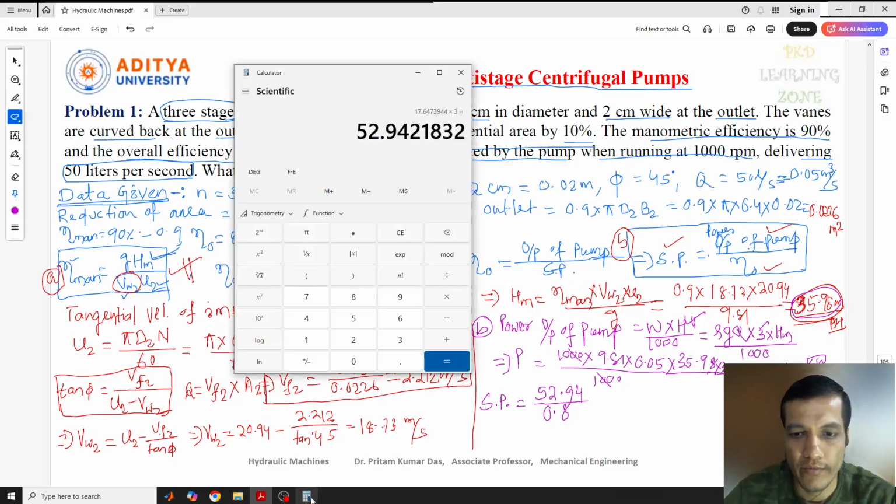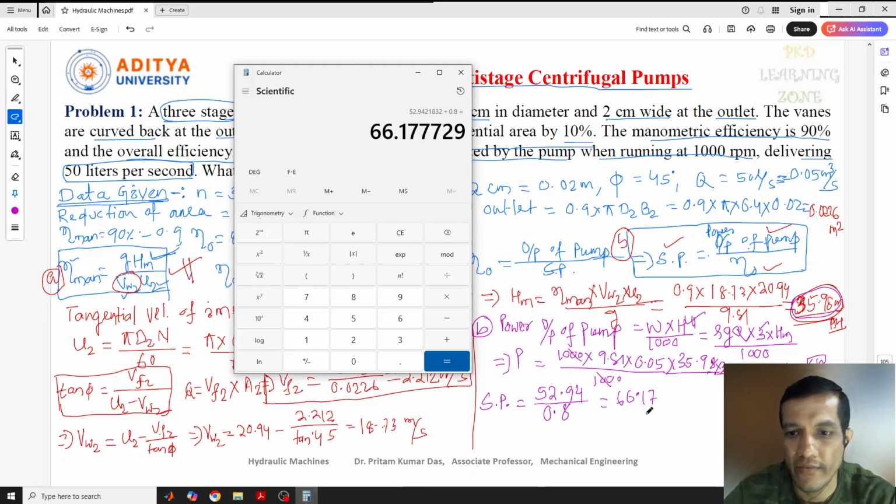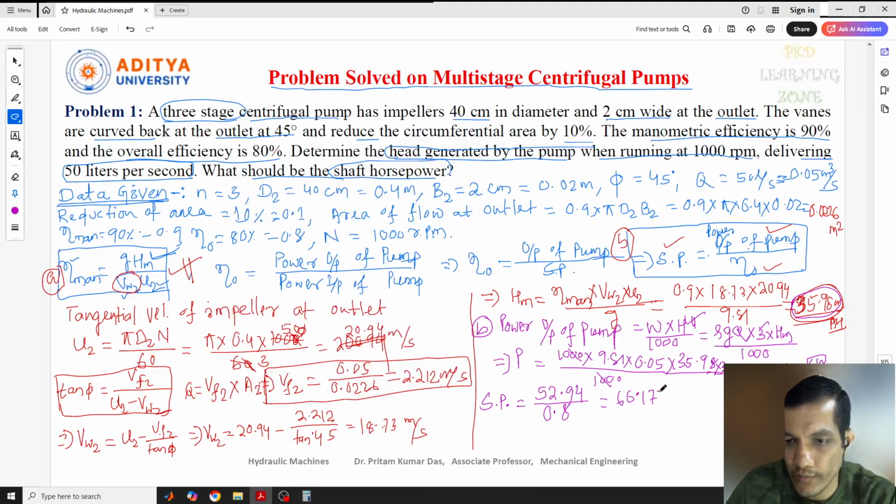If you divide by 0.8, we get 66.17. So this is our final answer, 66.177 kilowatt.